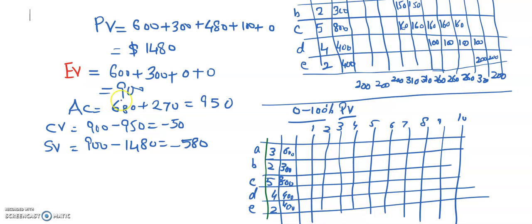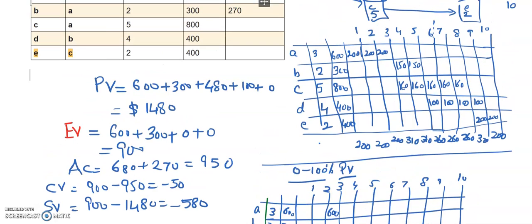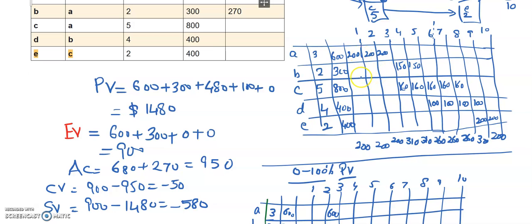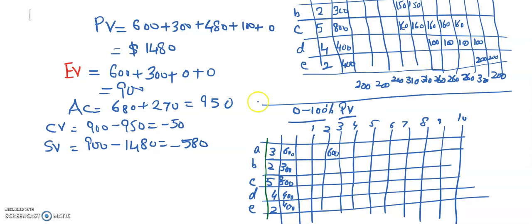So if we apply the 0 to 100% rule, the cost of A will be apportioned as 600 at the last day, when it is going to complete. Similarly, B is finishing on 5th day, its cost of 300 will be apportioned here. Only the cost will, so that means only at the end the cost will be apportioned.